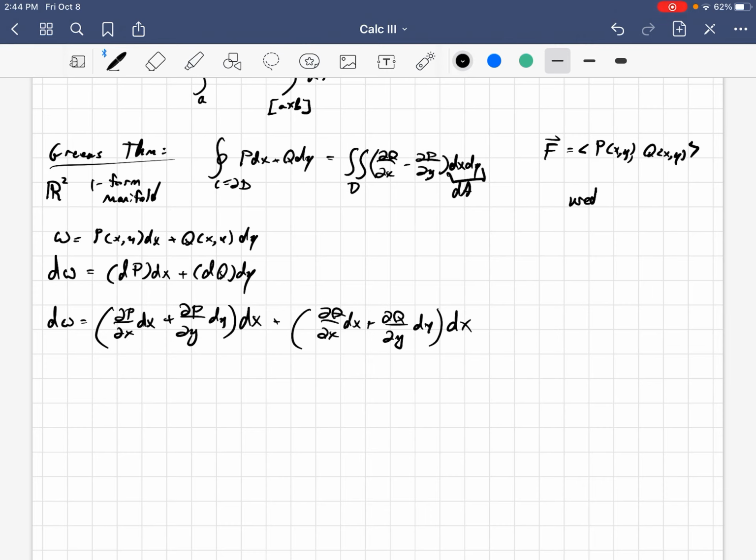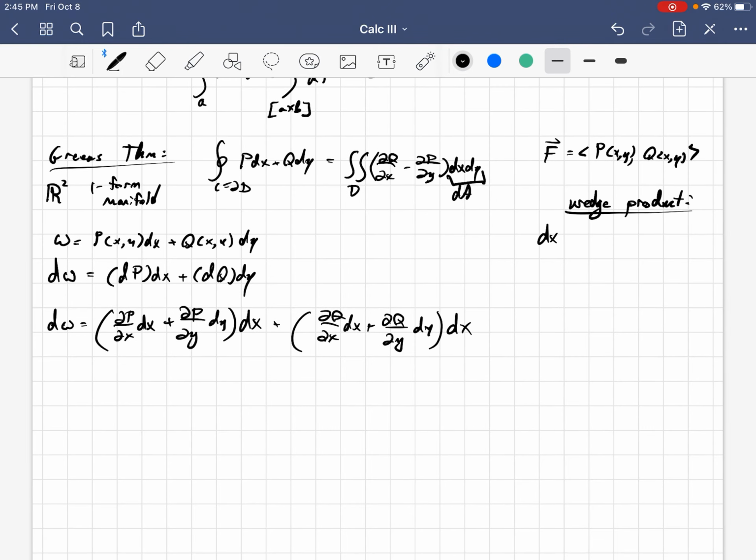Now at this particular point, I do have to introduce some new notation. I'm just going to give a brief overview of the wedge product. Basically, the wedge product is a notation from exterior algebra that more formally and generally denotes multiplication of differentials. If we have just dx dy, we write that in wedge product notation as dx wedge dy. Another important property of the wedge product, like the cross product, is that it's anti-commutative.